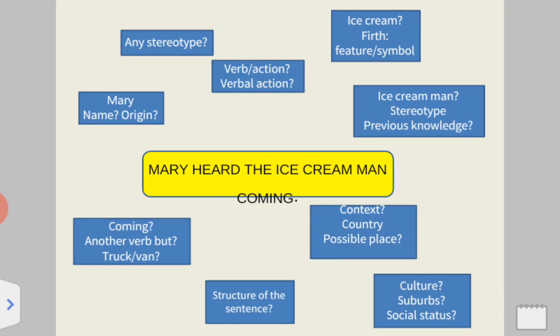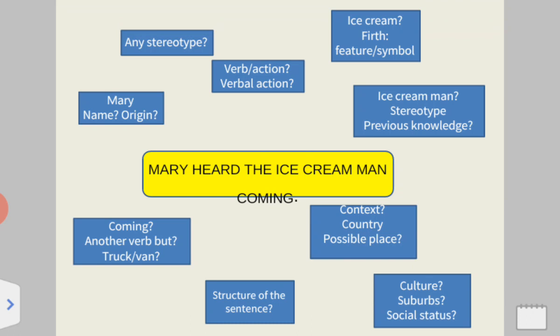Because, for example, if we think of the United States, in Manhattan we're going to find that ice cream men do not sell ice creams in the trucks around the city, because it's really dangerous. Probably kids are not allowed to go to the streets by themselves, not even with adults, because of the traffic, the movement, the crowds. So it's really common to happen in the suburbs, surrounding the city.